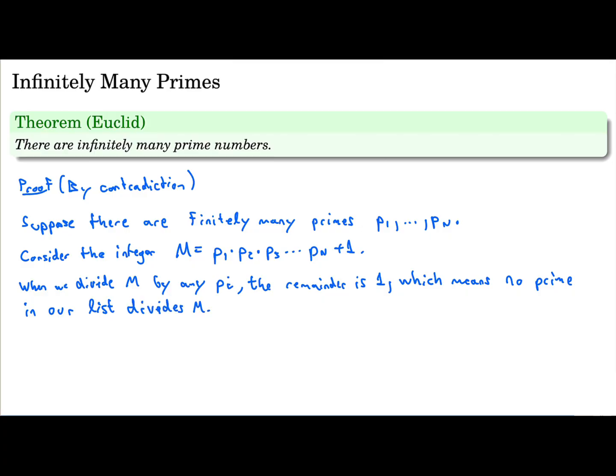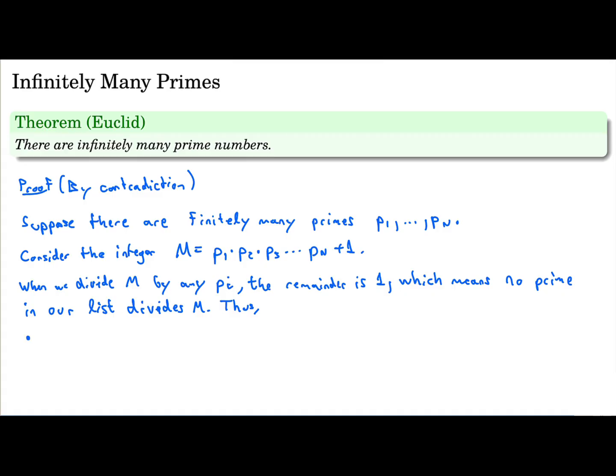So if you look at the number M here, for every prime, you can't write M as something times that prime because you always have a remainder. So none of those primes divide M. So from that, you can conclude two things, right?